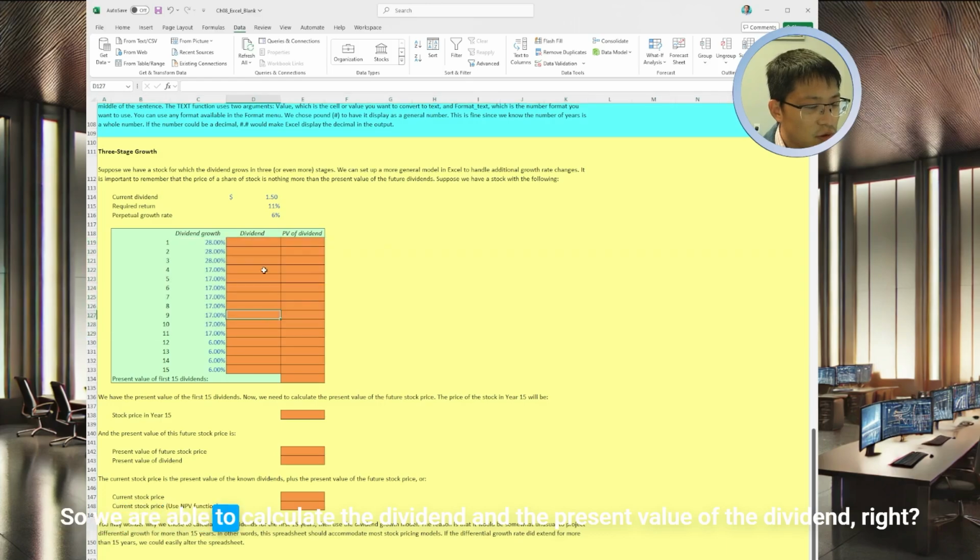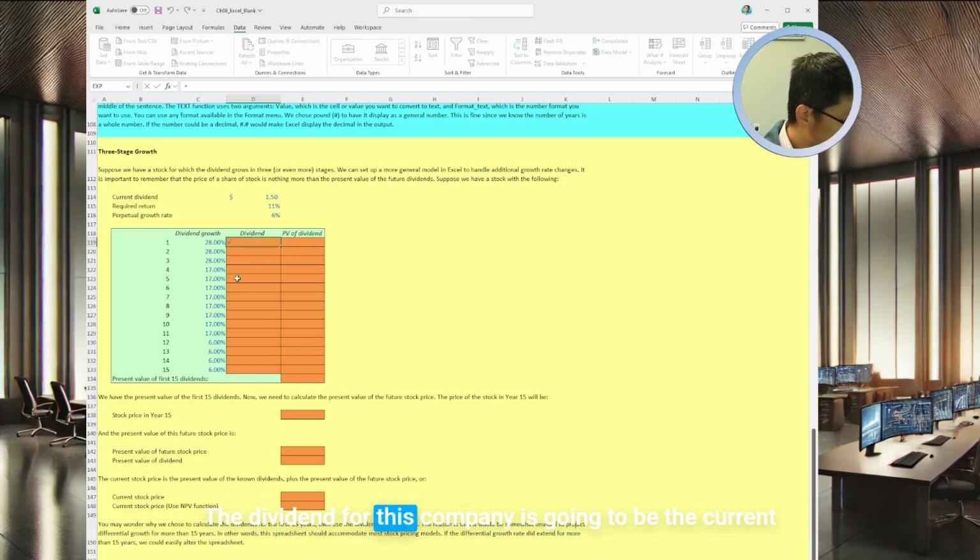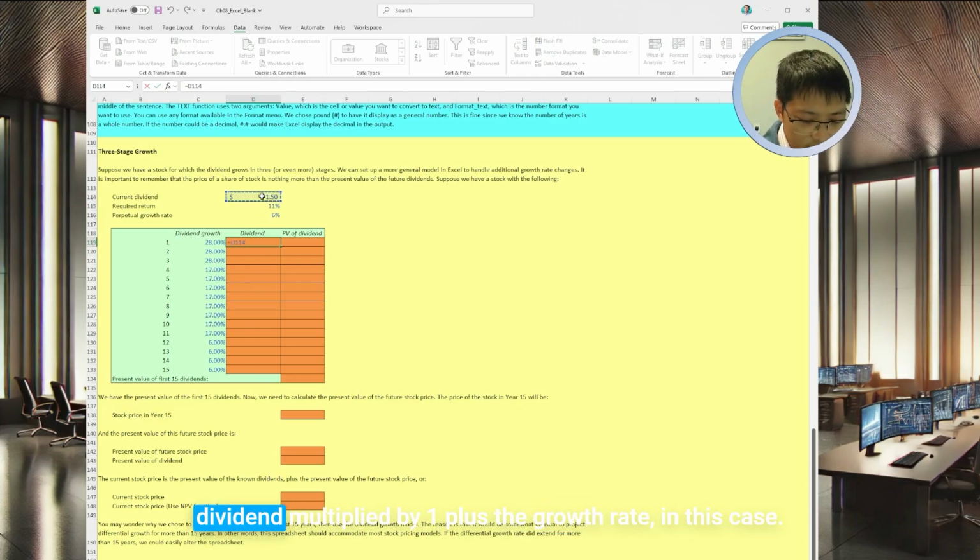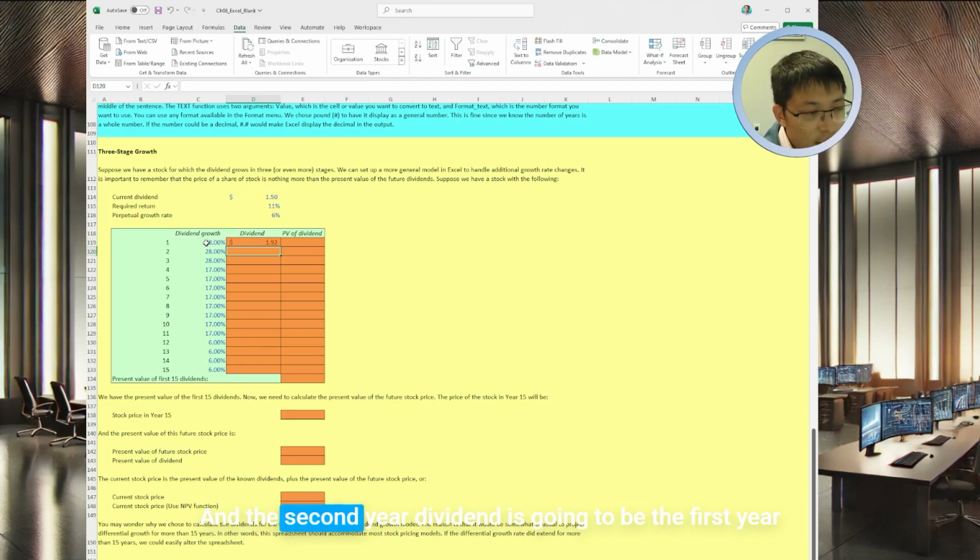So we are able to calculate the present value of the dividends. The dividend, this is the current one, and this is the first year.